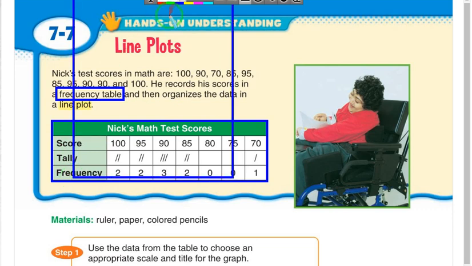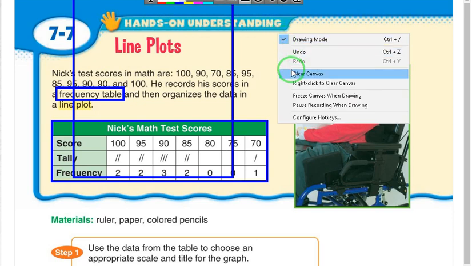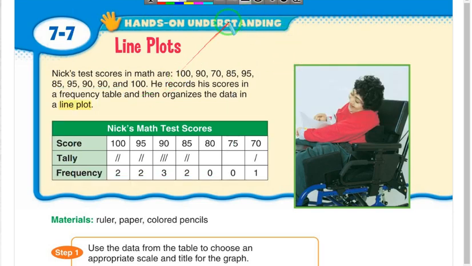Let's check this one. Here we have two scores that were 100. This one and this one. They are 100, okay? So now when you go here to find the 100, under it you will find two tallies and a number.